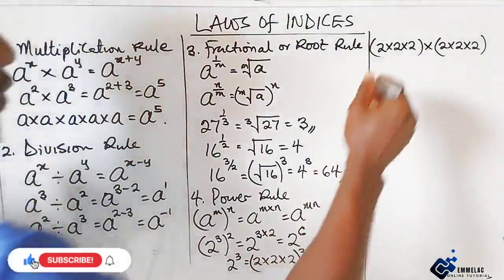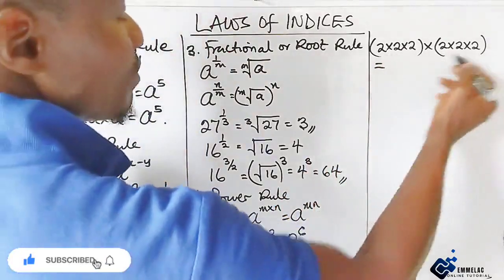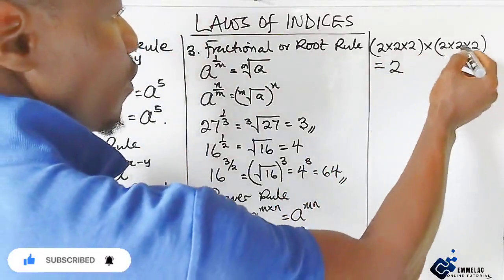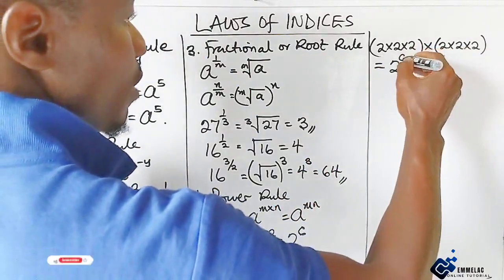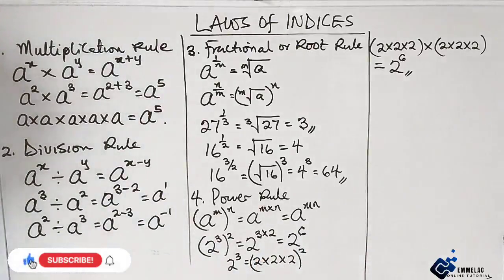Our final answer will then be, since they all have the same base, how many? 1, 2, 3, 4, 5, 6. So here you have 2 raised to the power 6. Final answer.